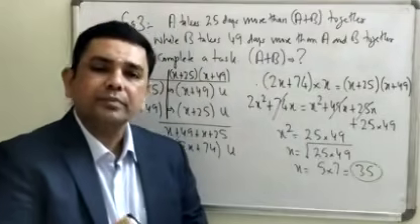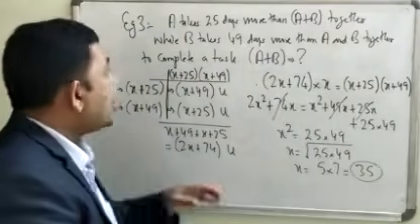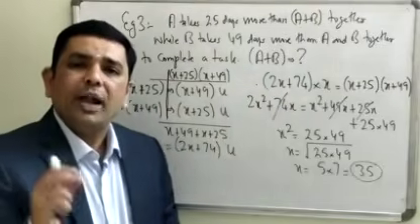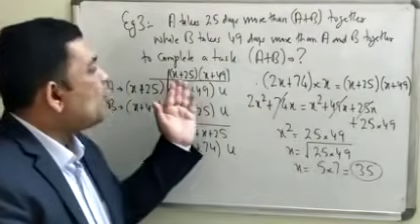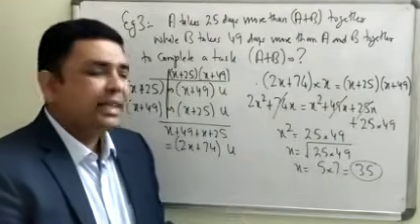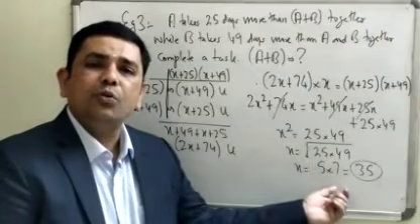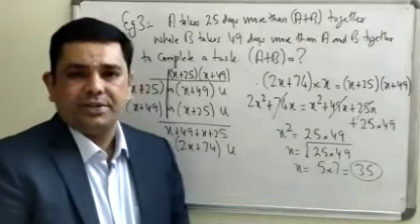That means if A takes 25 days more than A and B together, while B takes 49 days more than A and B together, then A and B together will be actually able to do it in 35 days.